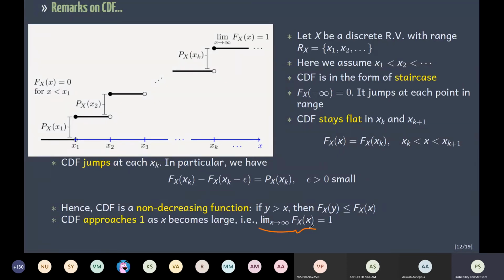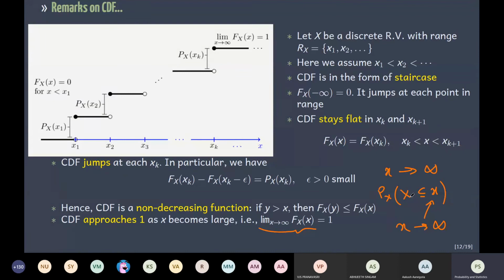As x tends to infinity, this is like the probability of X such that X is less than or equal to x, now with x tending to infinity.